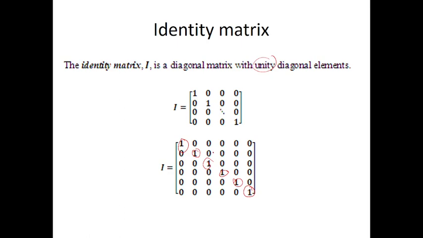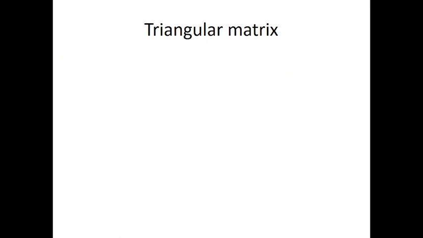So we can say that the diagonal matrix is an identity matrix, with all elements equal to 1 at the major diagonal. Then we have here also the triangular matrix.